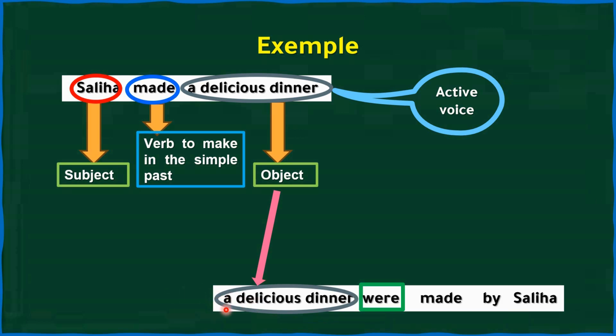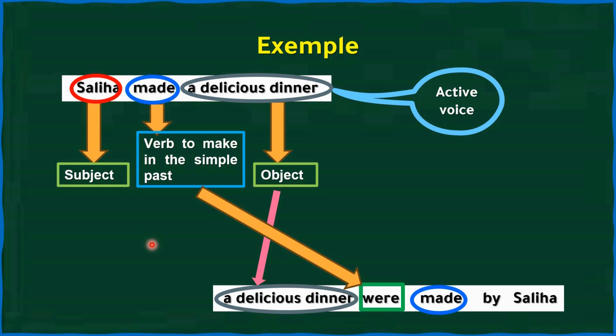Okay, so we have "a delicious dinner was made". We say "were" or "was" depending on the subject. Okay, it is more formal, more academic. After "were", we add the past participle of the verb to make.